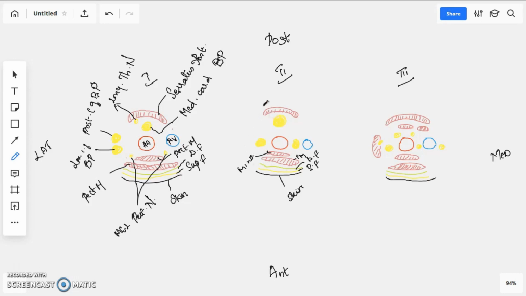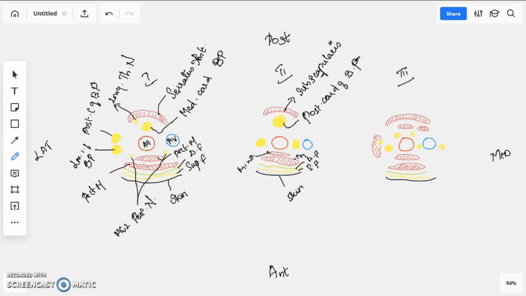Now we will move on to the posterior relation. The muscle you are seeing in the second part in the posterior wall is nothing but subscapularis. We will be having the subscapularis muscle related in the posterior aspect of the second part of the axillary artery. Then along with that you can see a thickened cord present in the posterior aspect, that is nothing but the posterior cord of the brachial plexus.